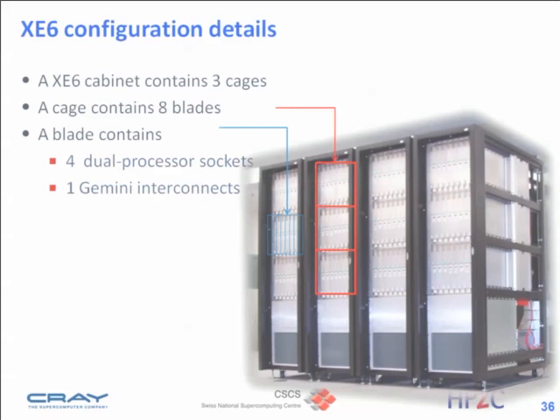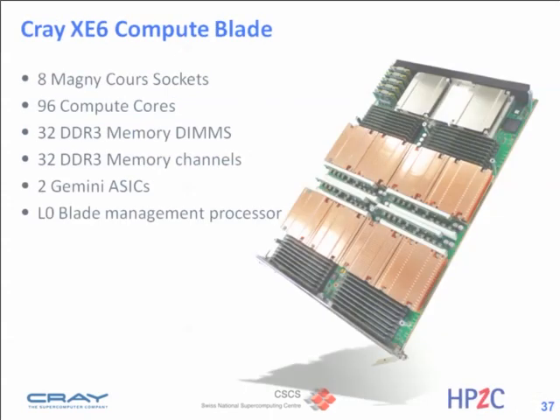So you have three sets of cages. One cage contains 8 blades. So the blade that I was talking about before, with the 4 boards on it, is vertically installed here. So these components here are blades. You have 8 blades in one cage, and you have 3 cages in a cabinet. This is a compute blade.